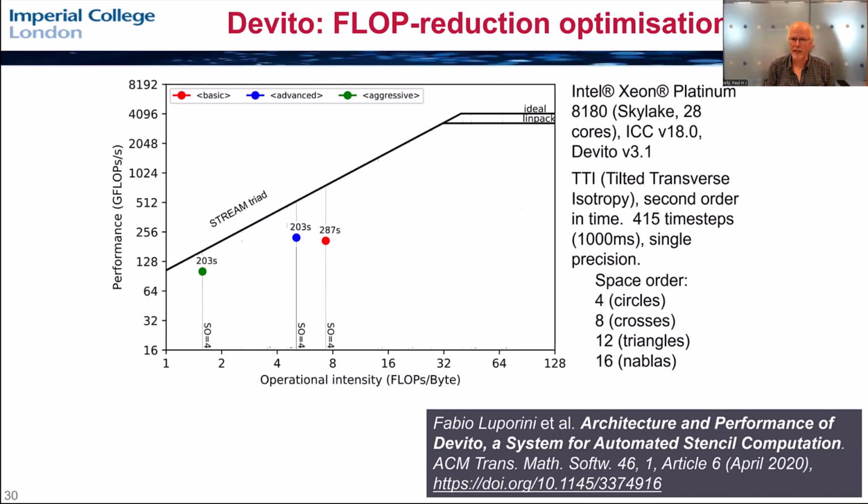So in this example, this slide only shows the low space order 4, so the stencils are quite small. And without optimization, the solver takes 287 seconds for this example problem. With aggressive optimization, we dramatically reduce the operational intensity. We make this problem harder in the sense that it's more memory bound, but it runs faster.